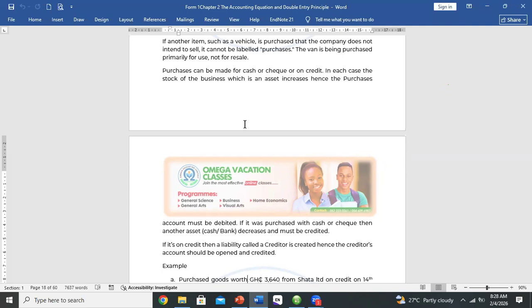Some people argue, why don't we open the stock account and debit it? The rationale is that if you open a stock account, then the sales, the purchases, the return invoice and return all will be in one account, making the whole thing very chaotic.